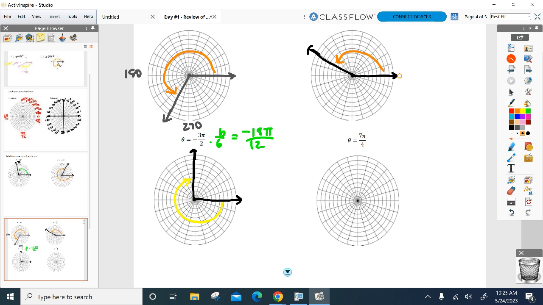And then 7 pi over 4. Multiply it by 3. Yep, that's what I was thinking too. Good job. So 21 pi over 12.